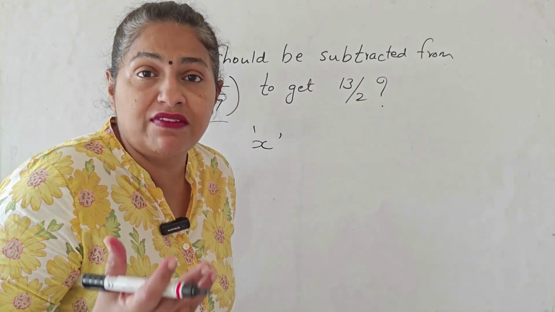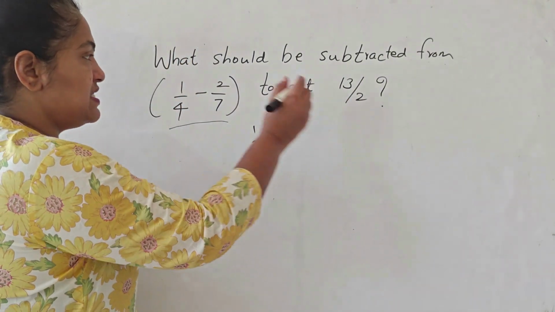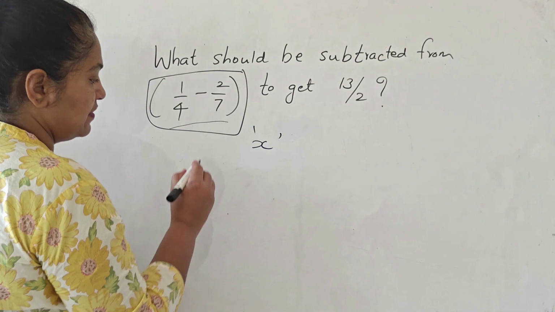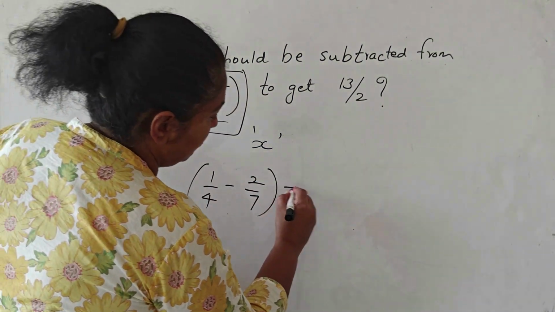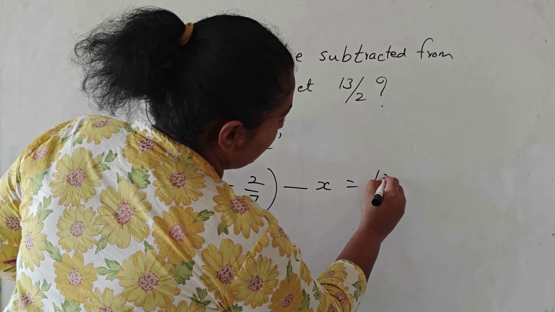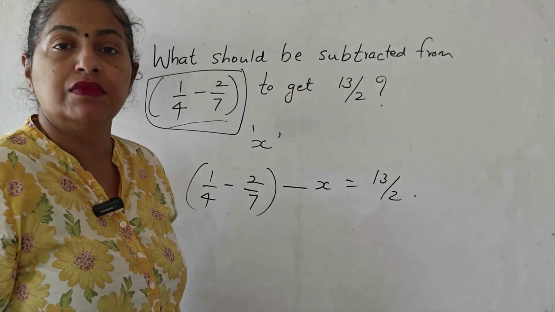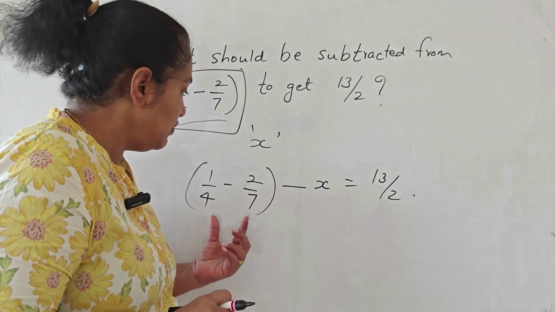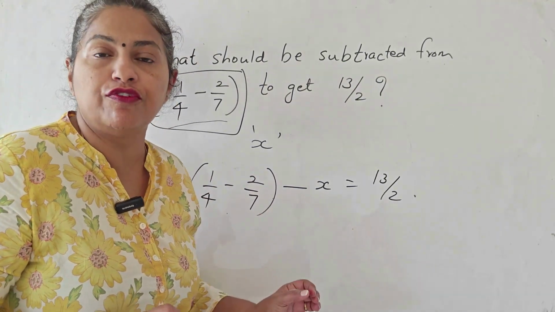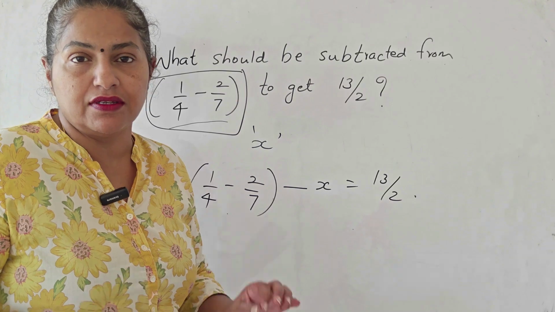Now x has to be subtracted from what? It has to be subtracted from this. So 1 by 4 minus 2 by 7 minus x should give you 13 by 2. Right? Now let us see how we can solve this particular equation in order to find the value of x.